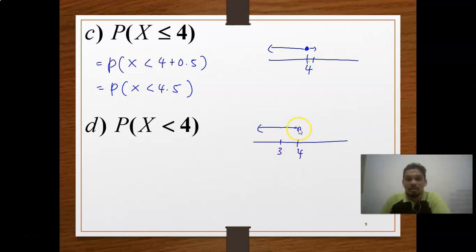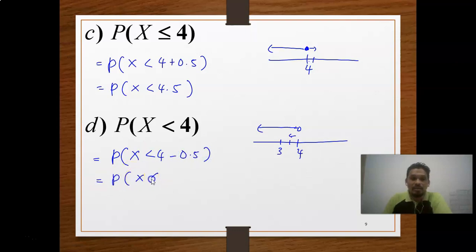So since it is less than 4, we take a 0.5 step to the left, then we continue the journey to the left for x less than 4. So for this time, it is 4 minus 0.5, and it is x less than 3.5.